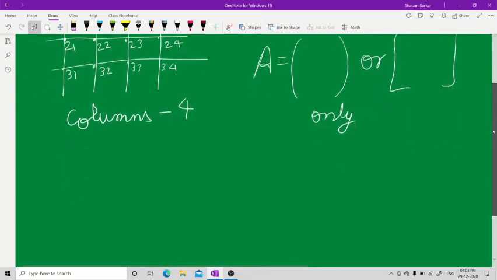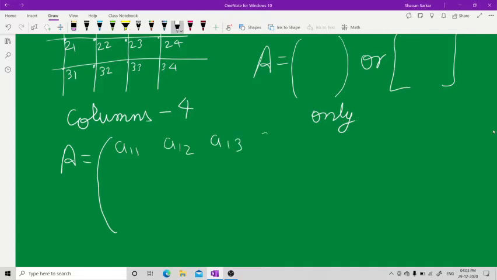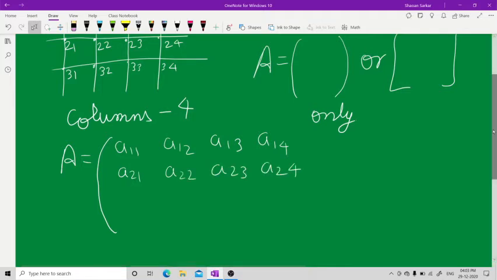This is A equal to. Now, we will be writing the positions A11, A12, A13, A14, A21, A22, A23, A24, A31, A32, A33, A34. This is the way you write a matrix.